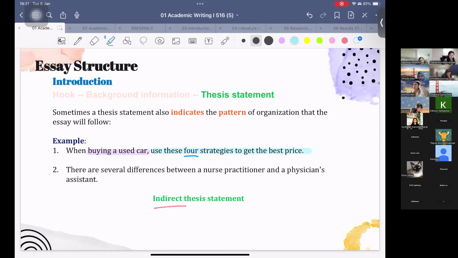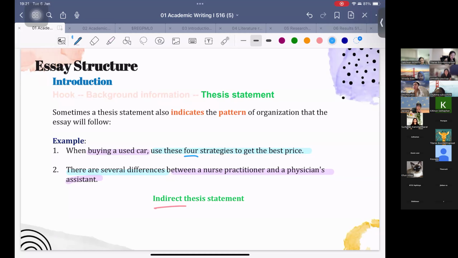Another example is, there are several differences between nurse practitioners and physician assistants. The topic is nurse practitioner and physician assistant, and the controlling idea is several differences.